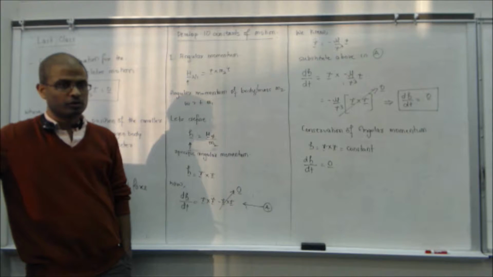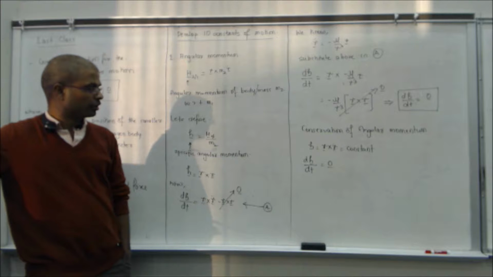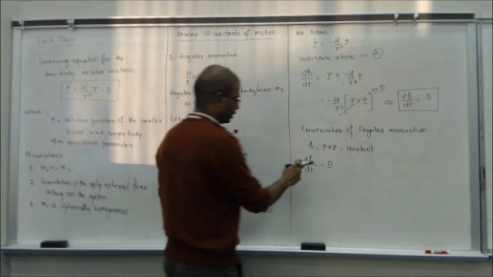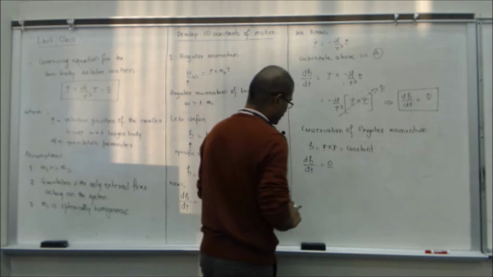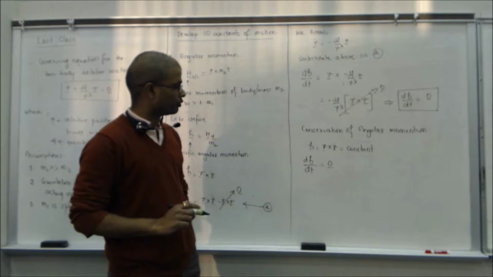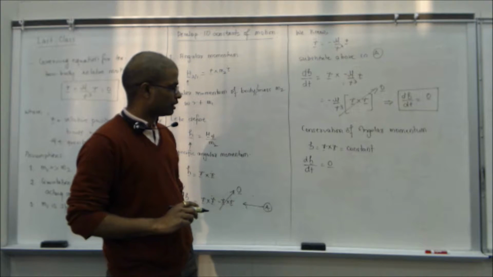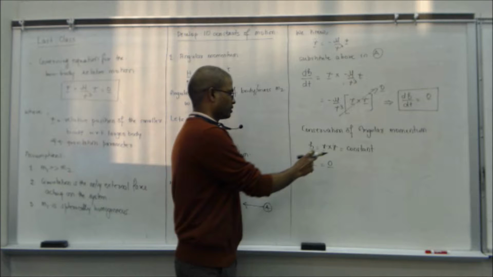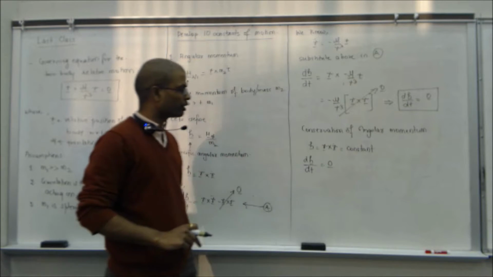If you're taking down notes, you're not going to pay attention, and later it's going to be difficult. Anyways, this is what we have proved. So why is this going to lead you to 3 constants?